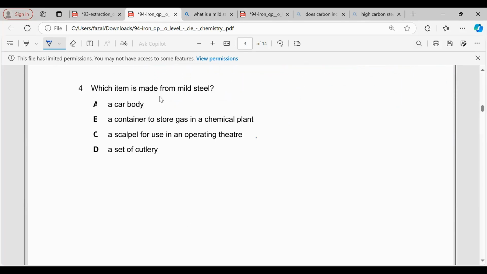Which item is made from mild steel? A car body cannot be made from mild steel because it isn't good in strength. A container to store gas in a chemical plant also cannot be made because a reaction can occur with it.